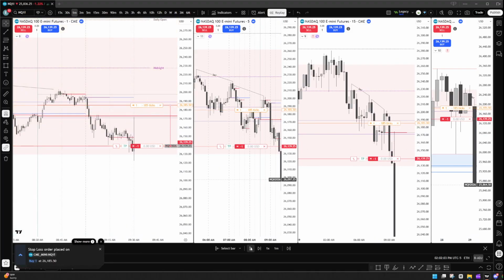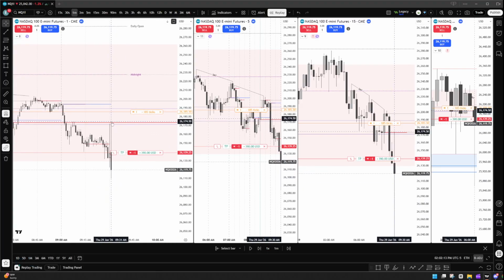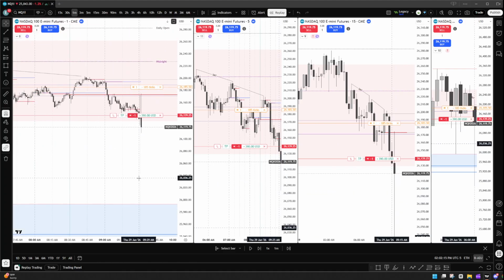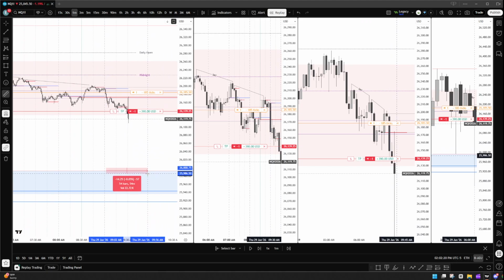I ended up entering on the 31 close. I was in micros, and I wanted to see previous day low.